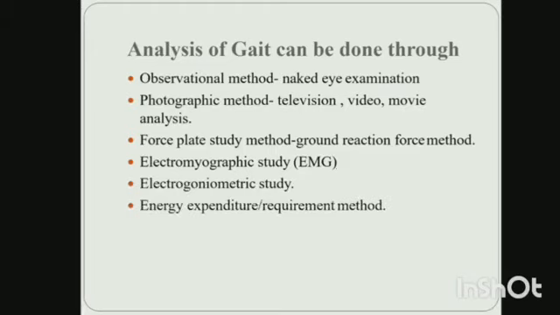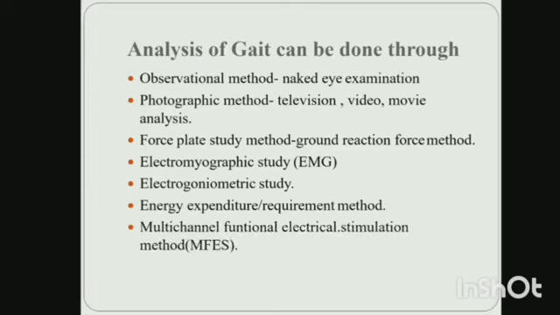All of us know that goniometry is used for measuring joint movements. Now energy expenditure method, multisentinel functional electrical stimulation method, which is also short-formed as MFES.